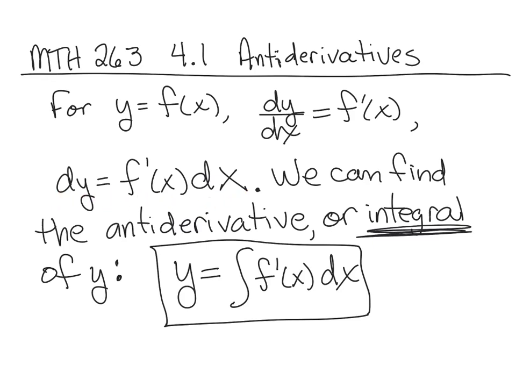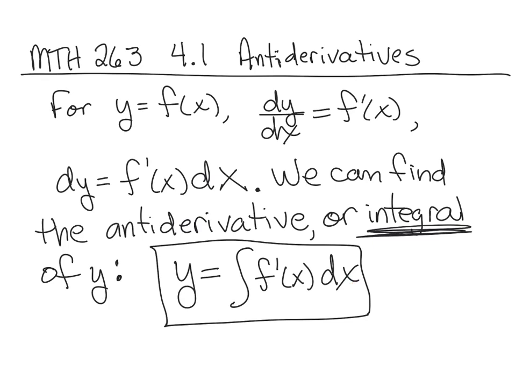So when we undo the derivative so that we can find the y, we're going to do what's called an integral. This is the symbol. This is the derivative of the function. And this is an operator called a differential. The operator tells us what variable is independent.